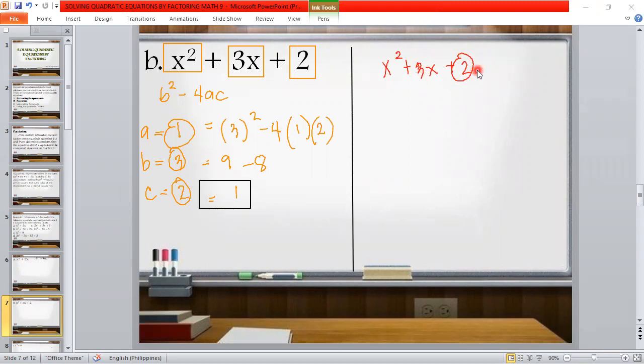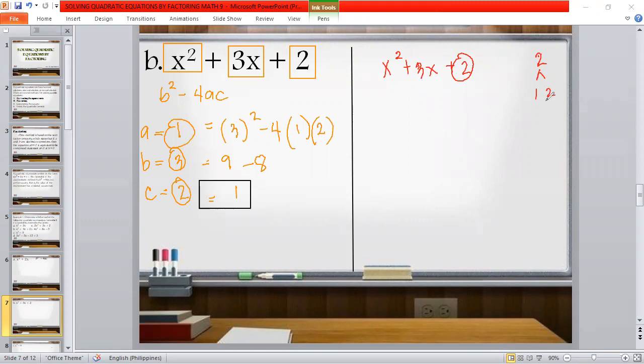So let's get the factor of 2. The factor of 2 is 1 and 2. Class, if we add these two numbers, ang kalalabasan niya po ay 3?